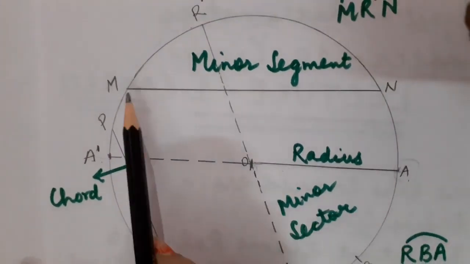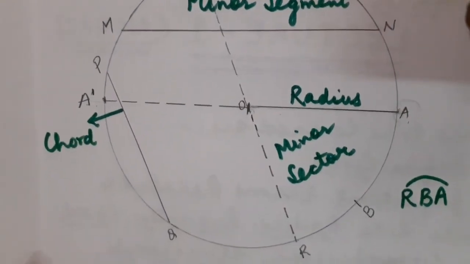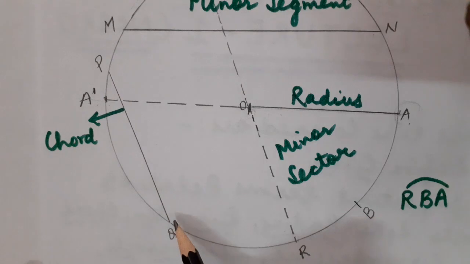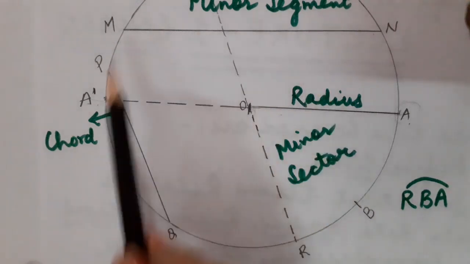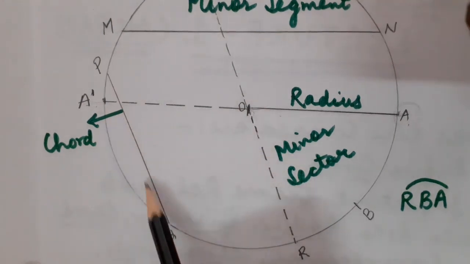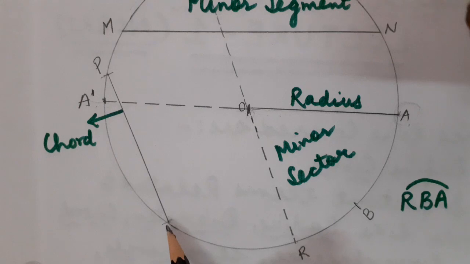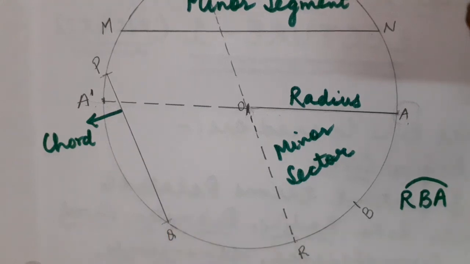You can see MN is also a chord. So while looking at the picture of a chord in a circle, you can easily define it. A chord is also a line segment whose both the end points lie on the circumference of the circle, but it does not pass through the center point.